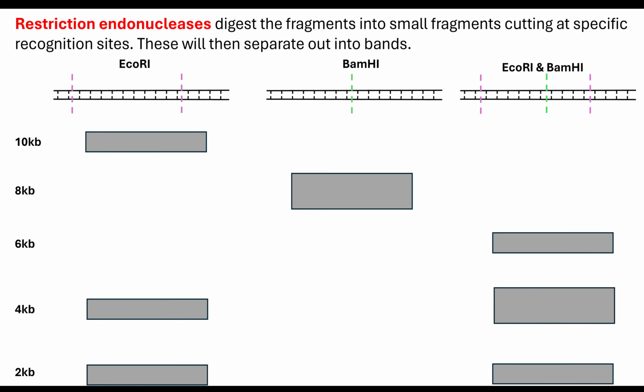So when we use restriction endonucleases, we can use them to digest the fragments into smaller fragments, cutting at specific recognition sites. So what we can do is put the sample in with only EcoRI, we can put it in with only BamHI, and we can put it in with both of those restriction endonucleases.